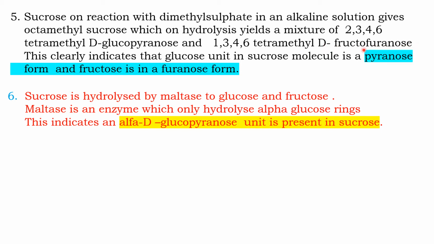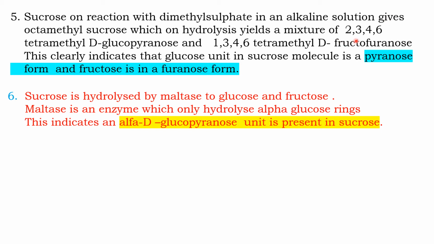This clearly shows that the sucrose molecule is made up of a pyranose ring and a furanose ring. We have studied that glucose could exist as a pyranose ring, while fructose could exist as a pyranose ring as well as a furanose ring. So we have conducted the dimethyl sulfate test in alkaline solution.